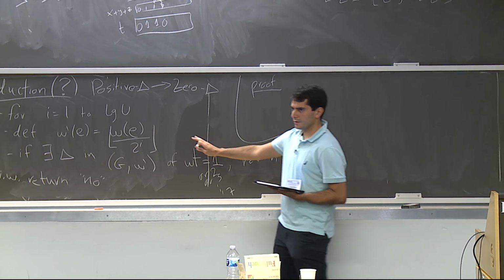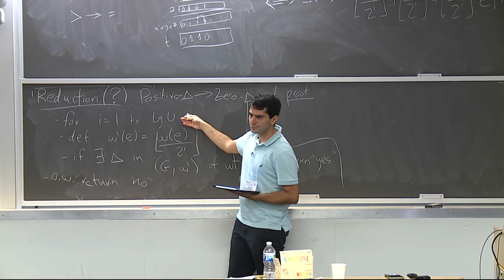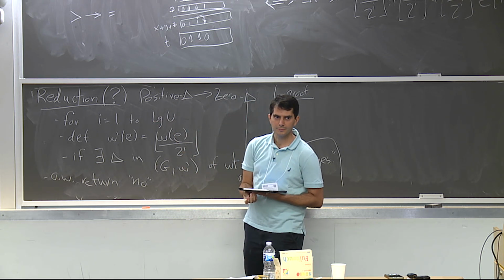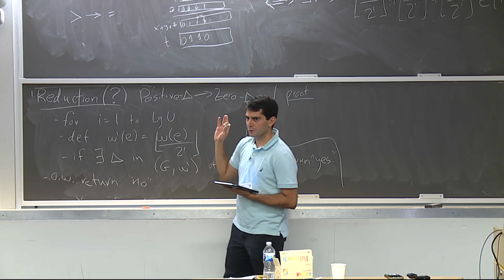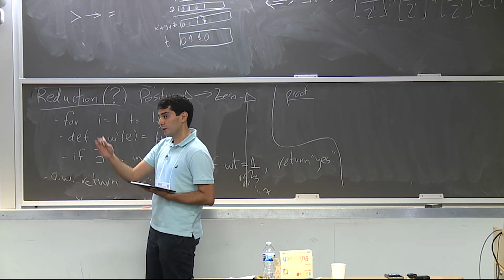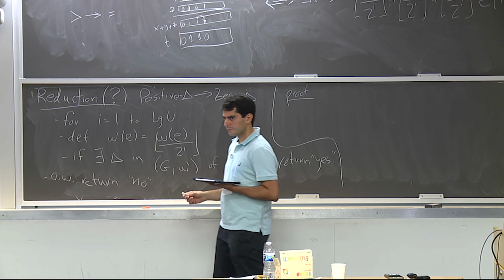And this reduction is efficient. How many calls are we making? It's just log U. And U is polynomial, so it's a log of log n overhead. So the message is you can reduce the less than, like negative or minimum, to exact with a logarithmic overhead in the size of the numbers.